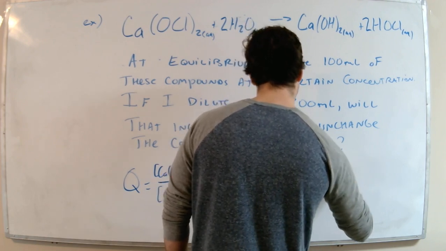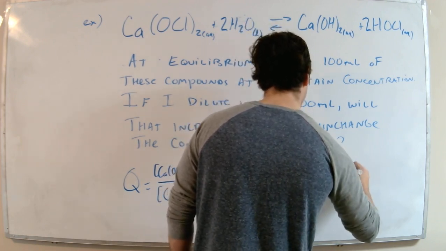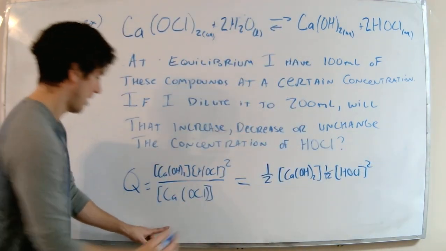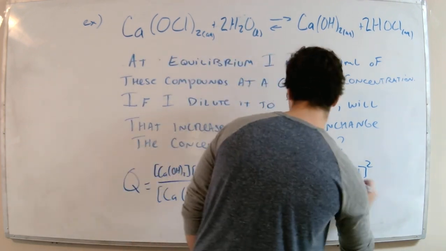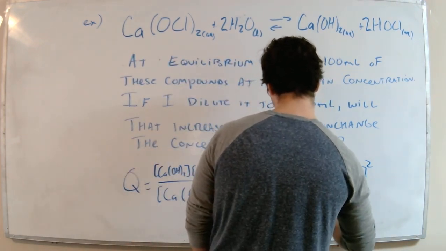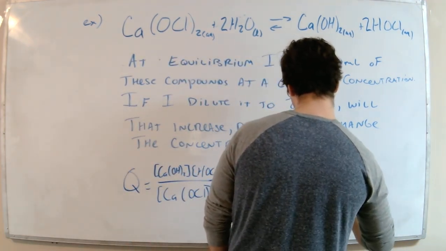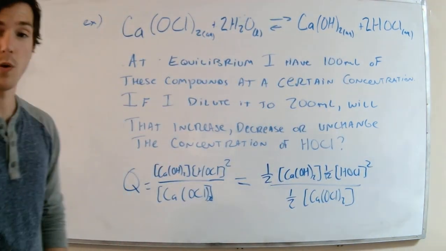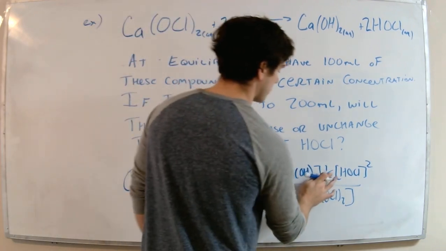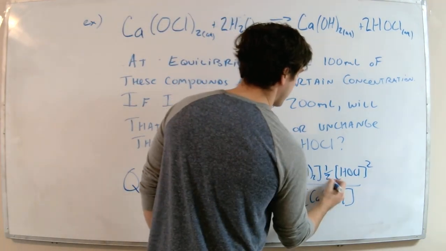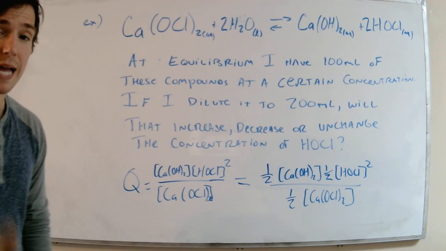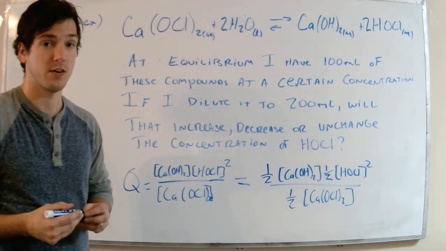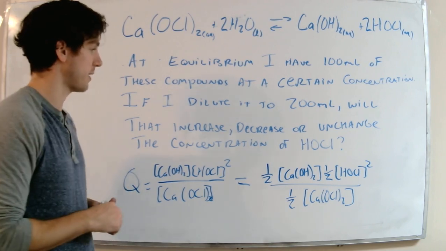We would have half of our hypochlorous acid, and we would have half of our calcium hypochlorite. So again, we're just going to combine all these fractions and see how that affects our K overall, or our Q overall, I should say.